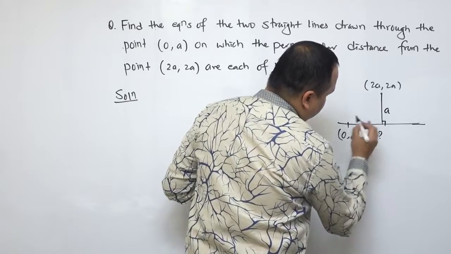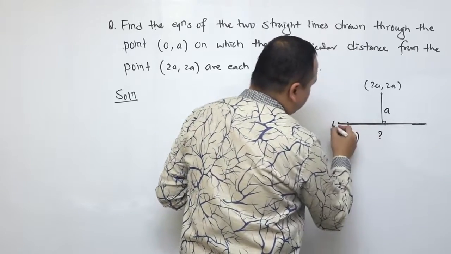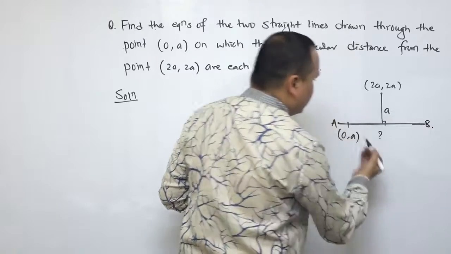Then the equation of the straight line, that is the equation of AB.